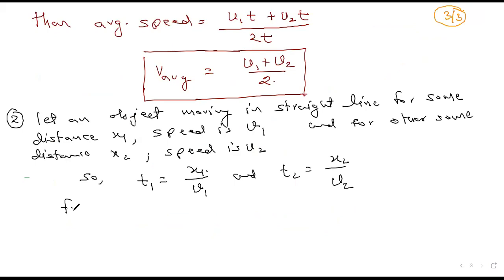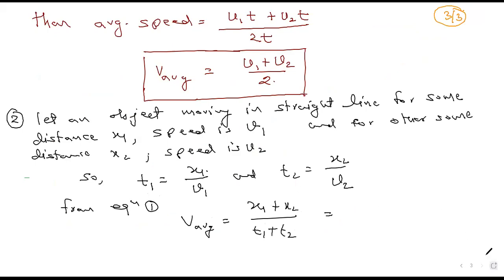From equation 1, v average equals, what was the equation? x1 plus x2 upon t1 plus t2.